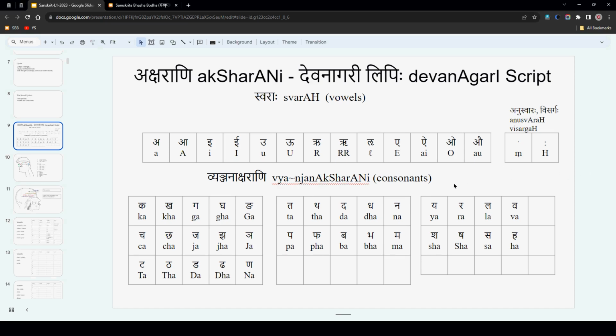Now, the last time there was a question: what is the difference between visarga and the ha shown here?